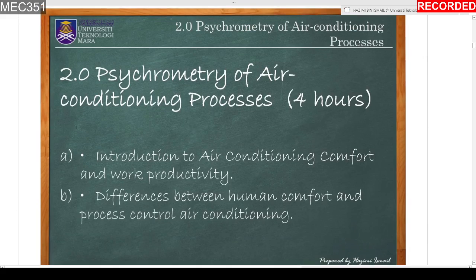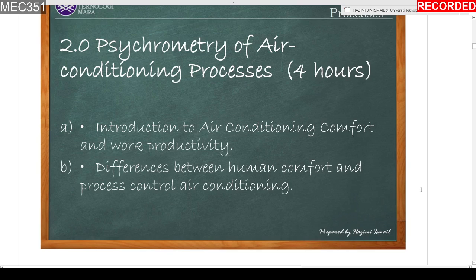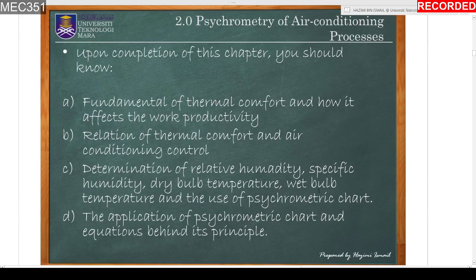This is our target for chapter 2, because what we are going to learn is the introduction to air conditioning, comfort and work productivity, and also the differences between human comfort and process control air conditioning. At the end of this chapter you should know the fundamentals of thermal comfort and how it affects work productivity in our office.